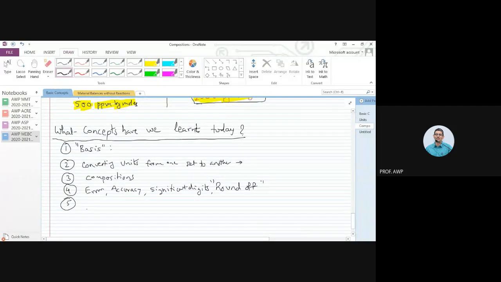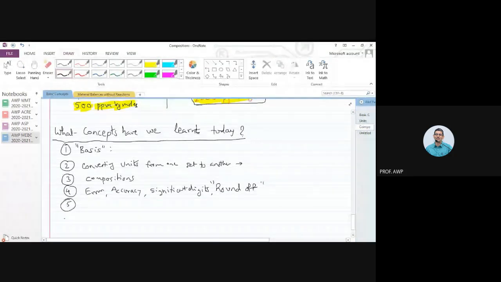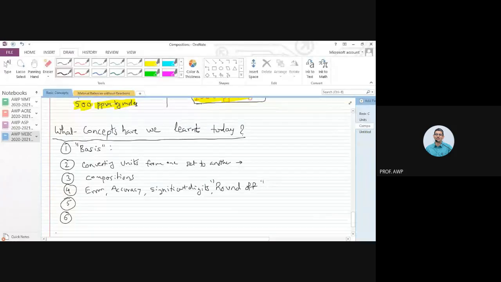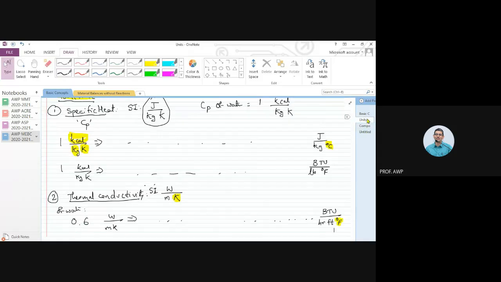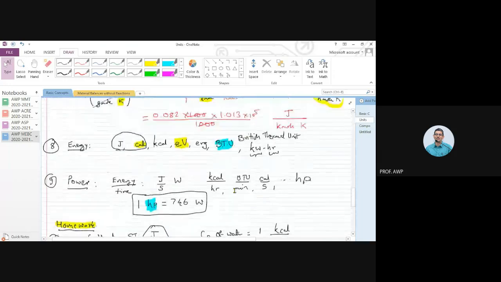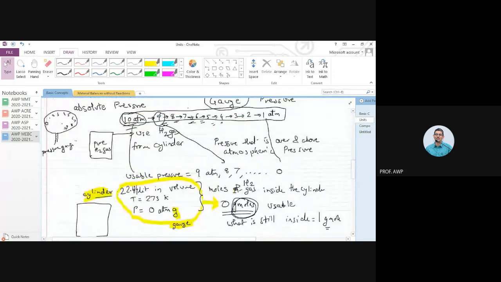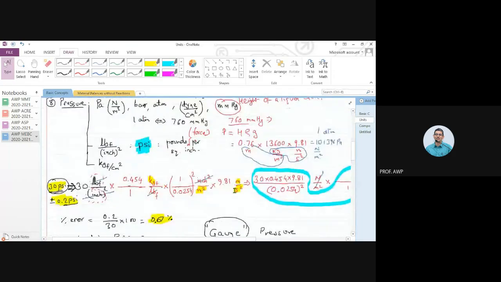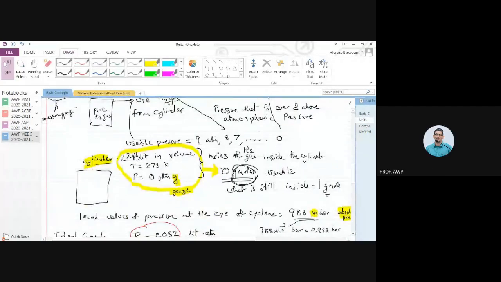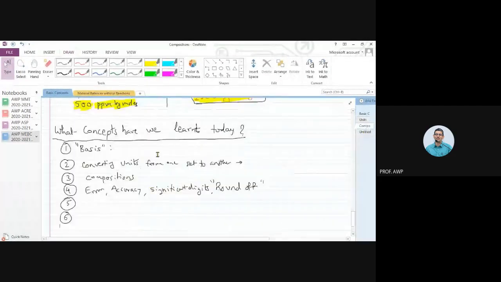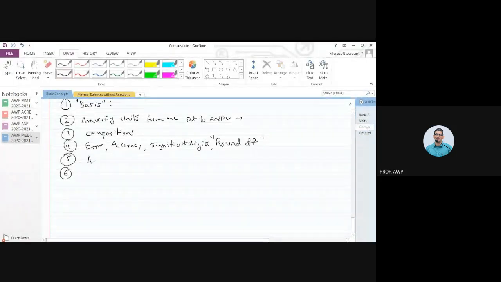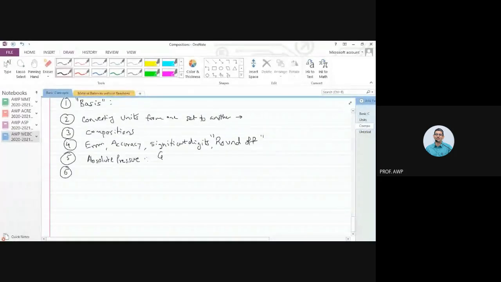Any other point that we learned? We learned 1 or 2 very important points. Couple of more points we have learned which you have forgotten. Let me take you back to that sheet. Do you see any other point that we have learned? Sir, absolute and gauge pressure. Right. Very important. Absolute pressure. Gauge pressure.